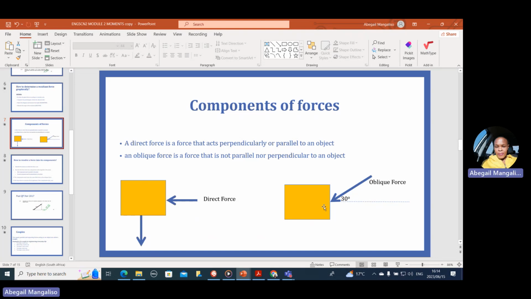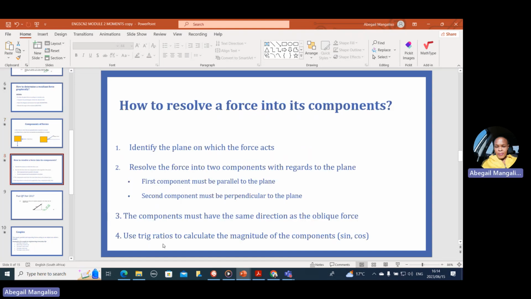This component must produce the same effect as this force. And the last one, use trig ratios to calculate the magnitude of the components. So SOH CAH TOA will be used to solve the magnitude of the component. In some questions, you can be given one of the components and the question will be to calculate what that force is.